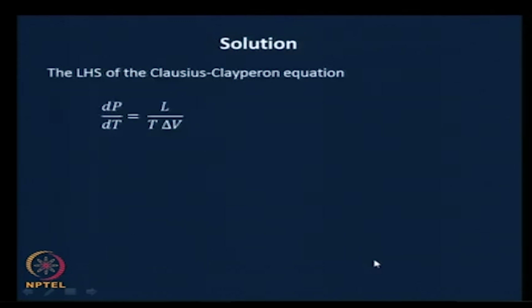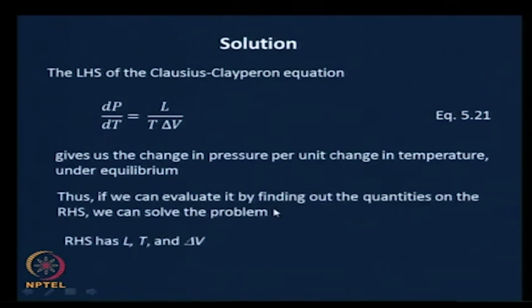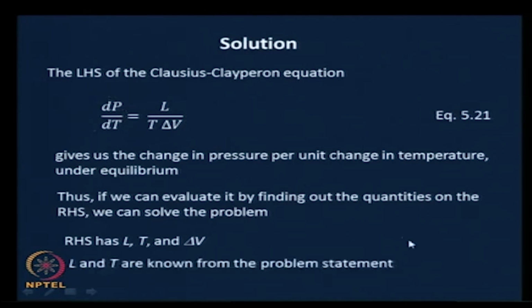We saw that we needed to use the Clausius-Clapeyron equation to get dP/dT, which is the quantity that we need. We also realized that the values of L and T are given, and therefore, if we know delta V, which is V of the vapor minus V of the liquid, the molar volume difference, then we can find dP/dT and get the quantity of interest.